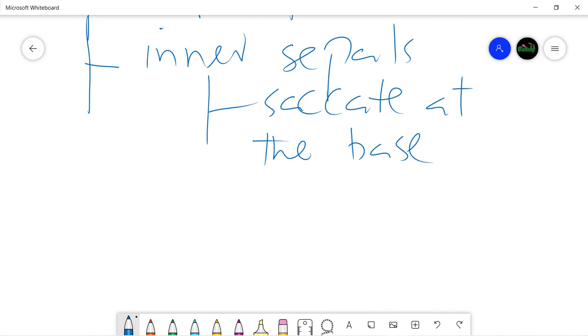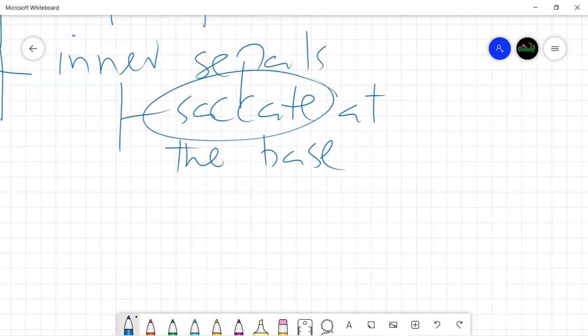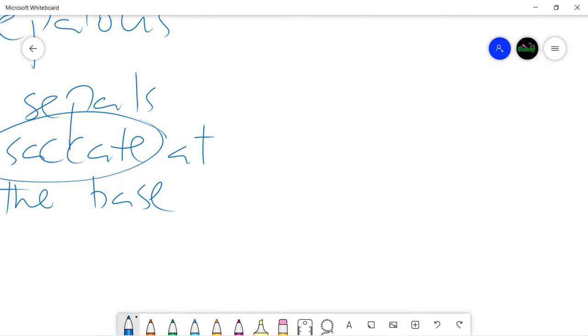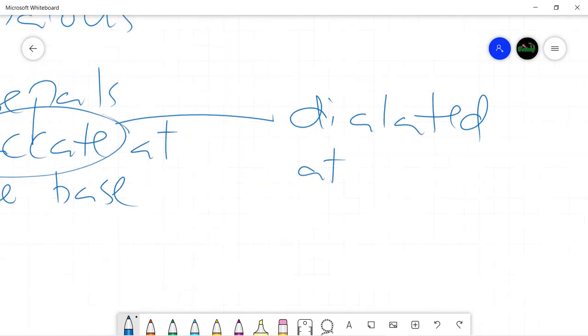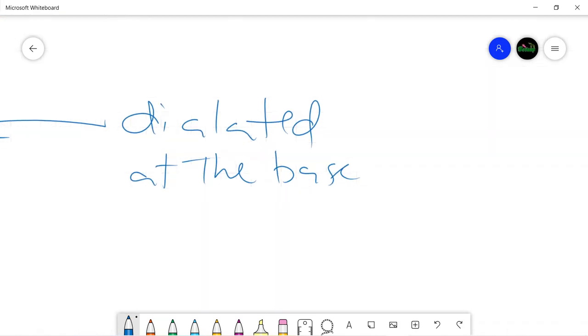Now saccate is a word obviously from sac, that is, dilated, somewhat swollen at the base.